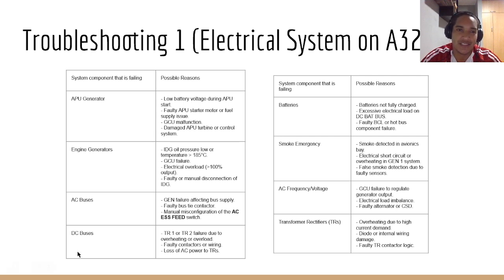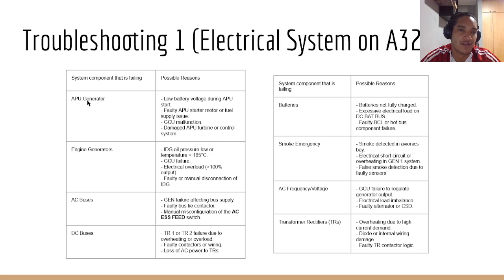But the possible reasons I put with the other components in a failing mode, like the APU generator, the batteries, or the transformer rectifiers. We did not talk more about that in the workshop, but I made my own possible reasons. I think they could be the cause if they fail.